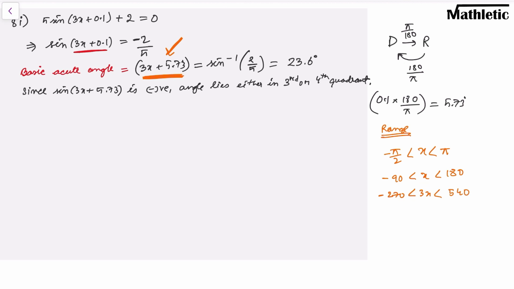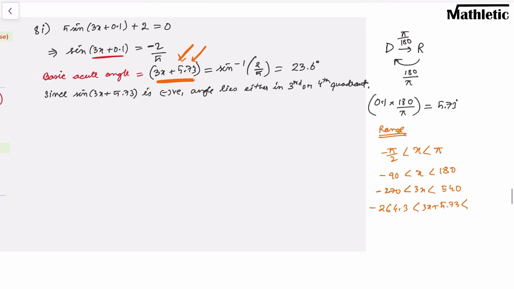Next, I need to add 5.73 to each and every single term. So minus 270 plus 5.73 will give us minus 264.3, and 540 plus 5.73 is 545.73. So this is the final range.